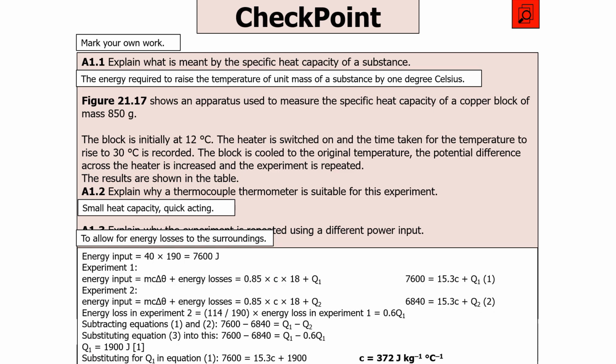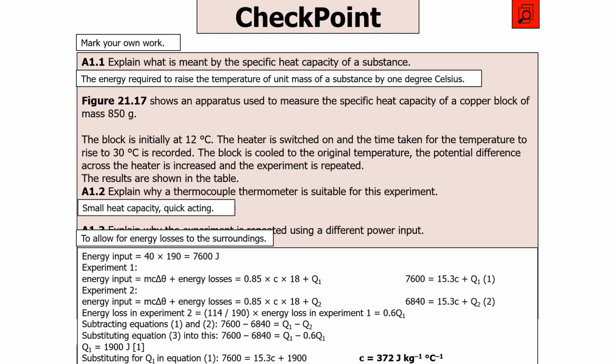So to work out the heat capacity, you'll do the input of the energy, which is 40 times 190, so 7,600 joules. For experiment one, the energy input is mcΔT plus the energy losses. So you can work that through to be 7,600 equals 15.3 C plus Q1. Same for experiment 2, and you get 6,840 equals 15.3 C plus Q2.